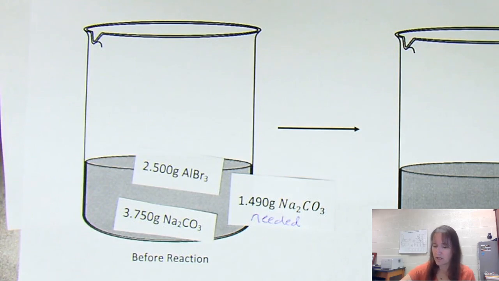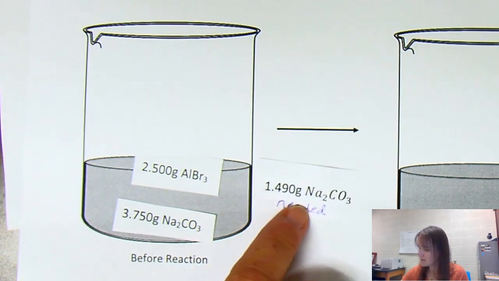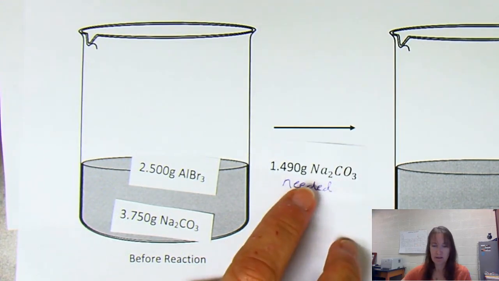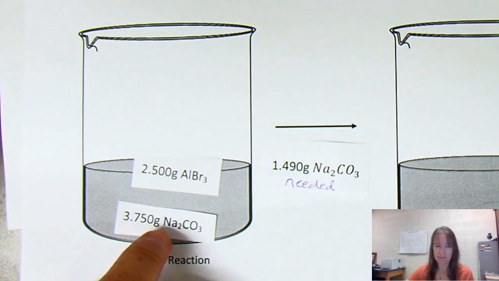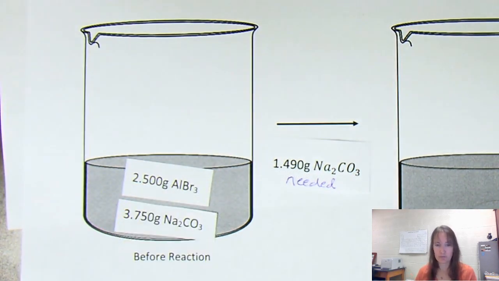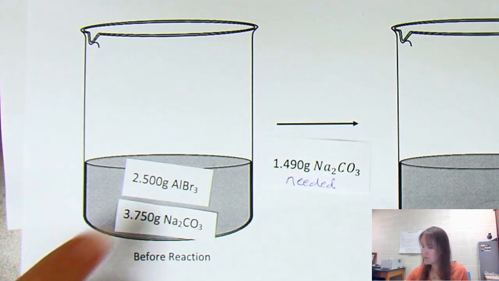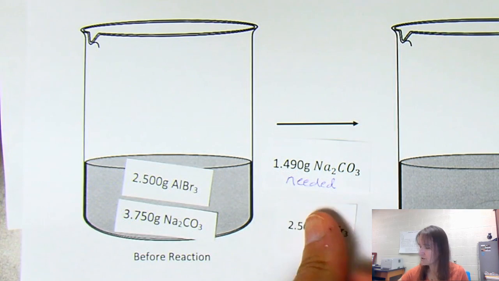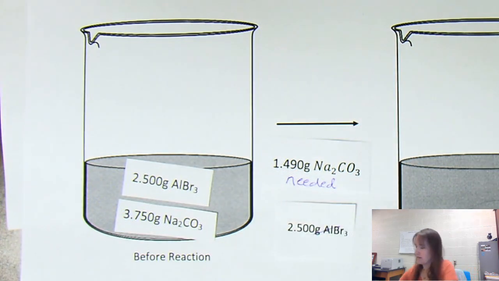So in my reaction, I'm going to end up using the 1.490 grams out of the 3.750 if I use all of the aluminum bromide. So this aluminum bromide, that 2.50 grams, it's going to get all used up.